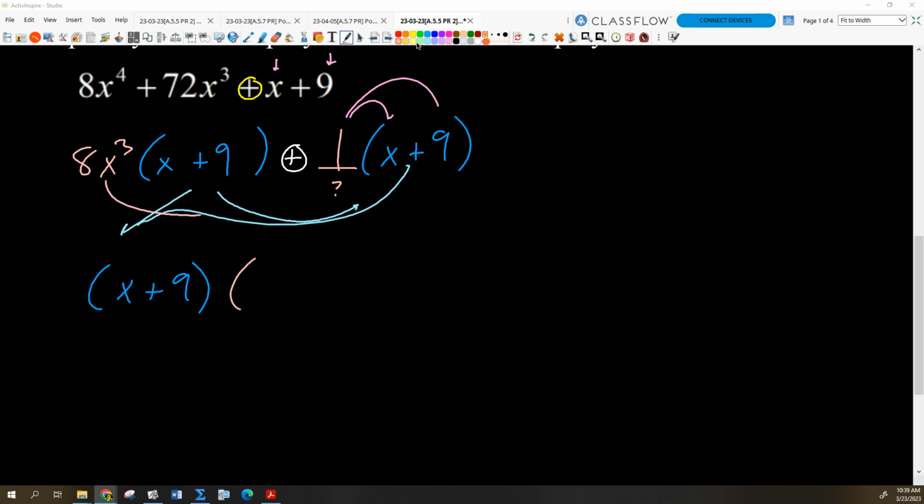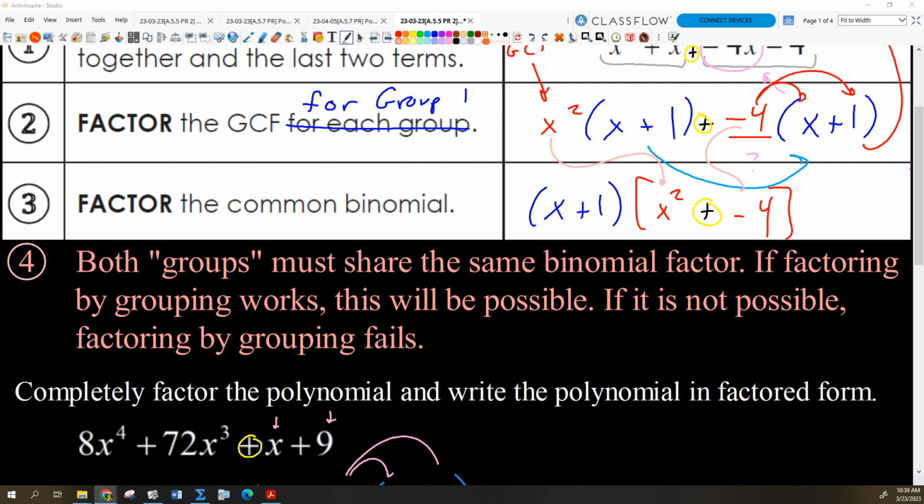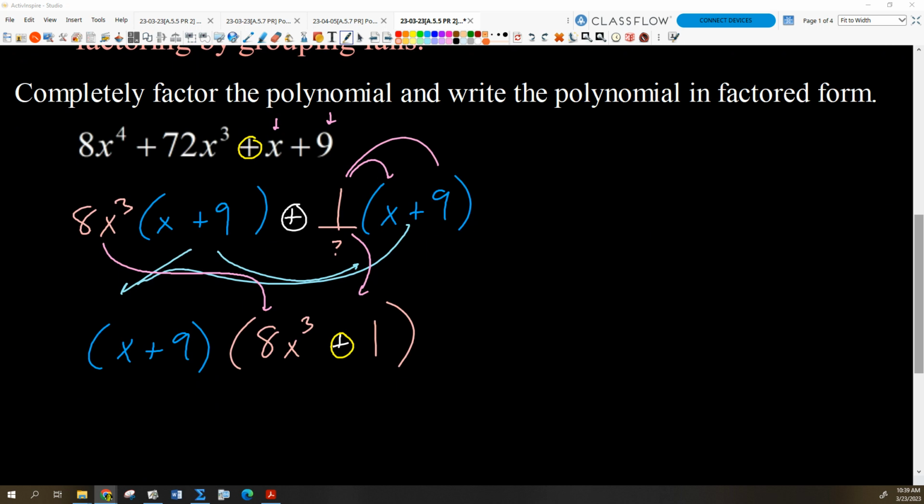Well, we've got this 8x cubed, right? Plus 1, right? Okay, good.